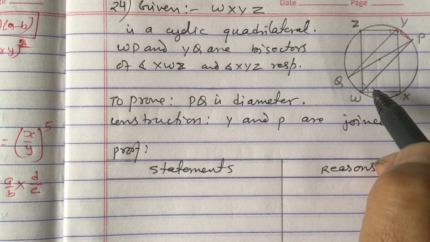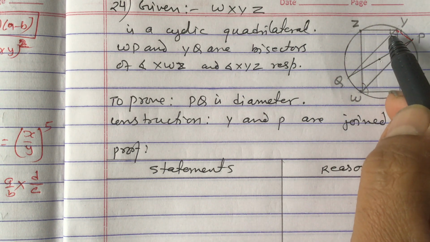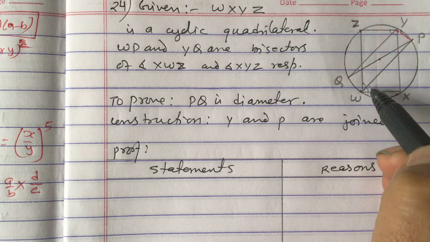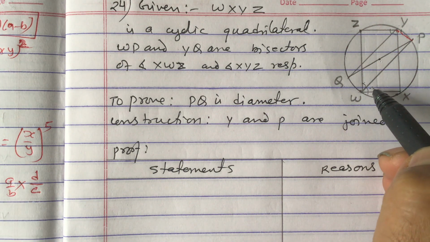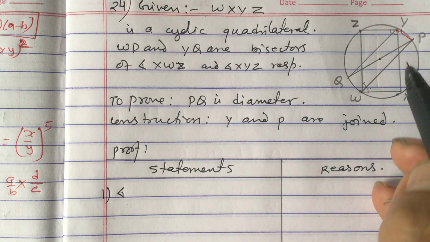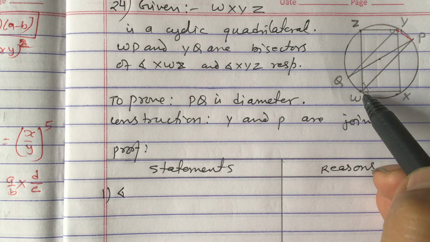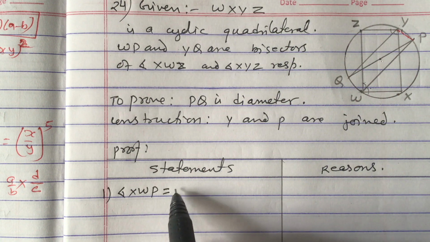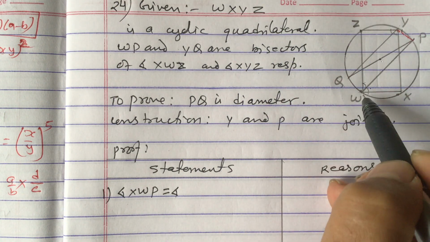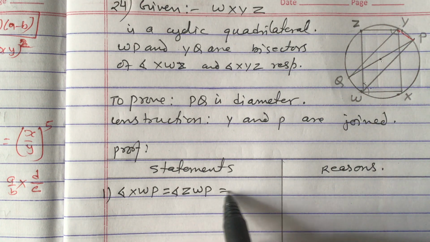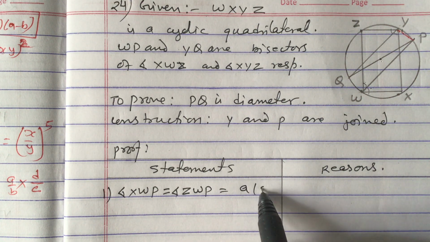Okay, now look at here. This one, this is the bisector, no? This angle is bisector, means this angle equals to this angle, we can write. Yes, so in number 1 we can write angle XWP equals to angle ZWP equals to, let us say, A, okay?